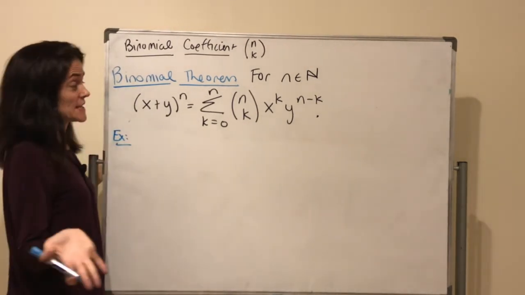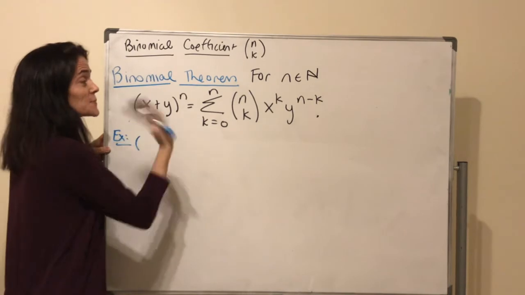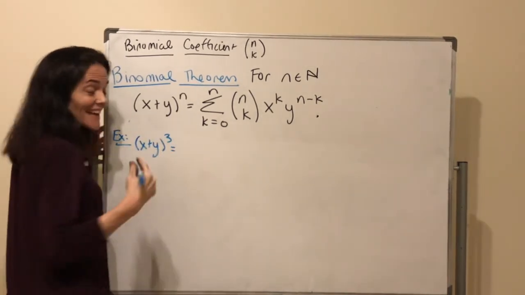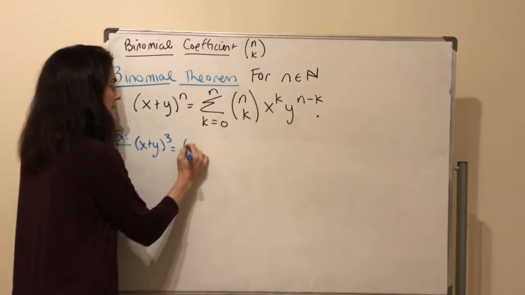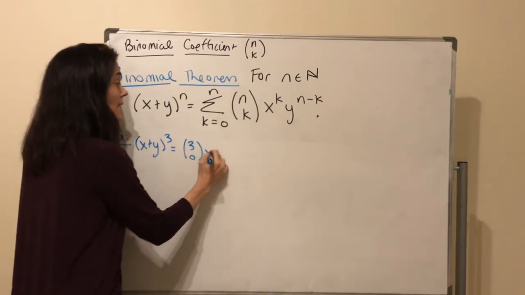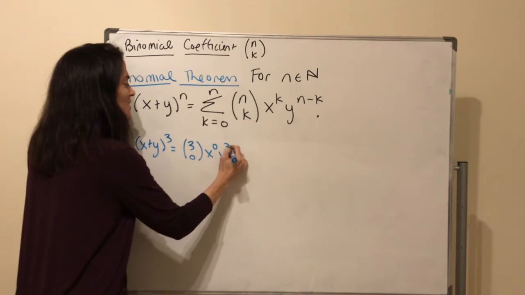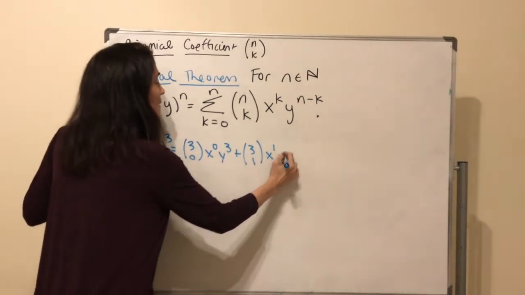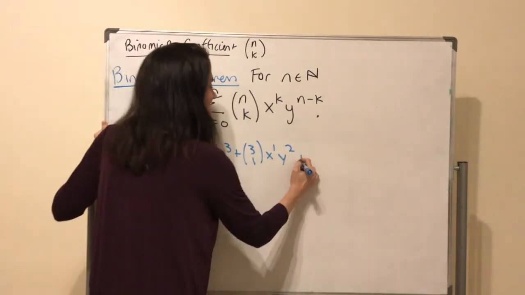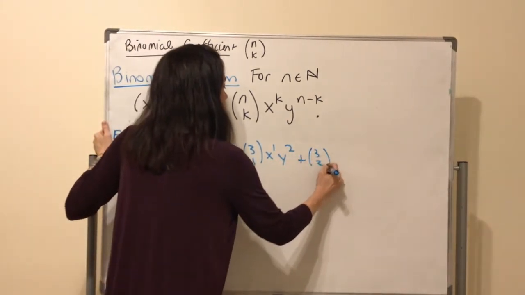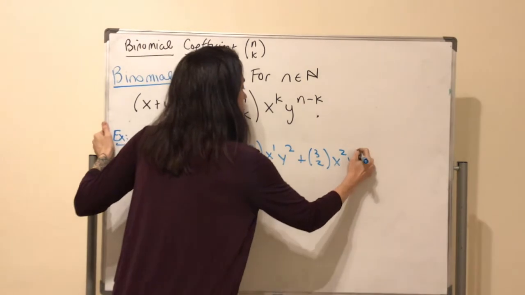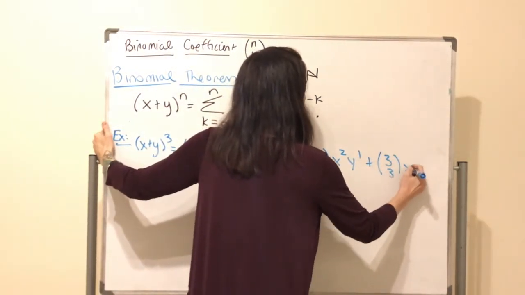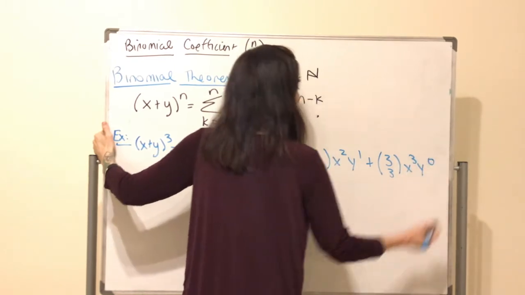Let's look at an example where we expand this fully. We'll take (x plus y) cubed, and I can write out all the terms in this case. This would be 3 choose 0, x to the 0, y cubed, plus 3 choose 1, x to the 1, y squared, plus 3 choose 2, x squared, y to the 1, and then finally we have 3 choose 3, x cubed, y to the 0.